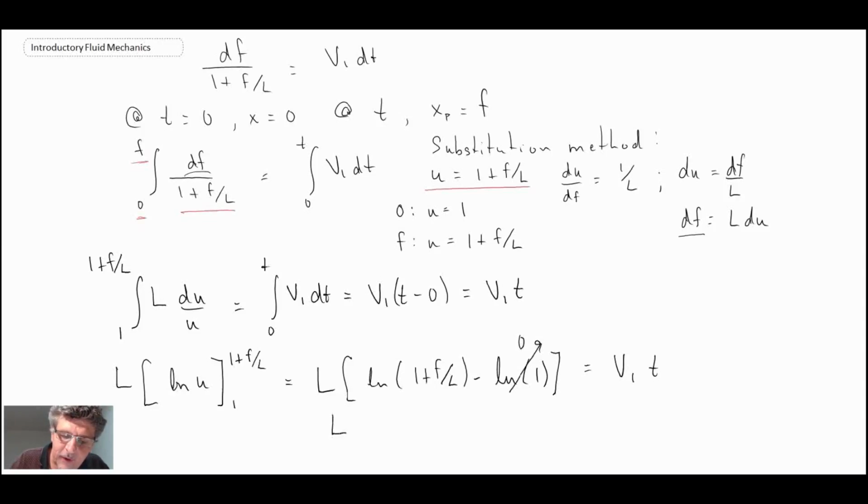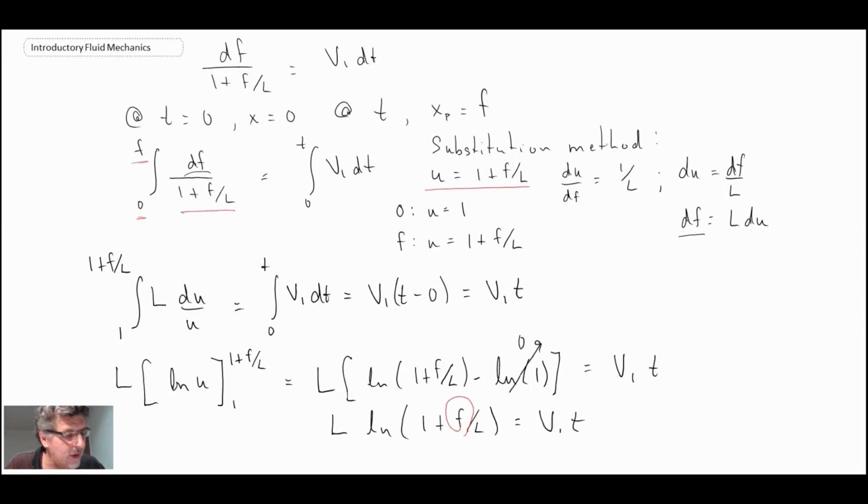Finally, what we're left with is L times the natural logarithm of (1 plus f over L) equals v1t. So that's an interesting equation, but it's not very useful. What we want to be able to do is isolate f and express it as a function of time. And then that would tell us where our particle is within the nozzle.